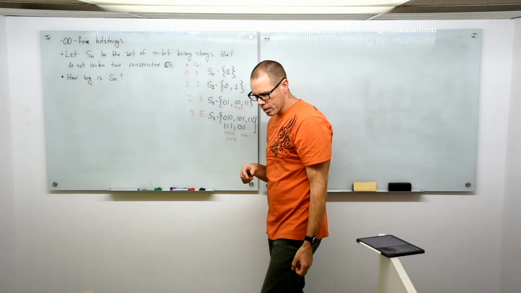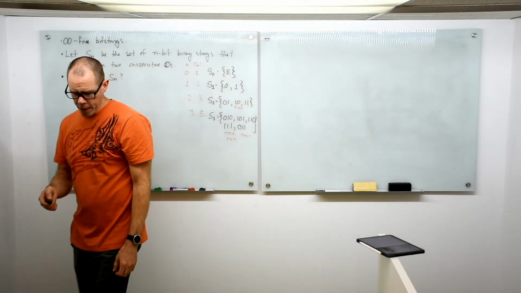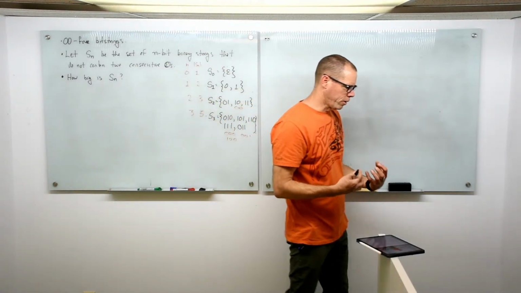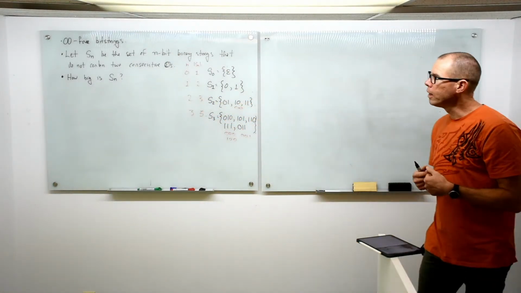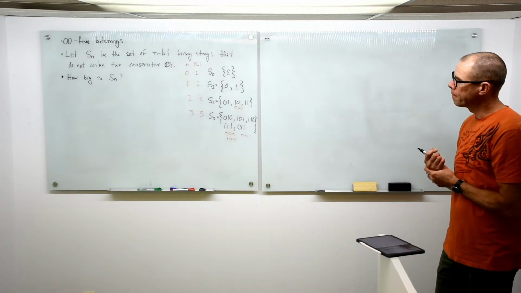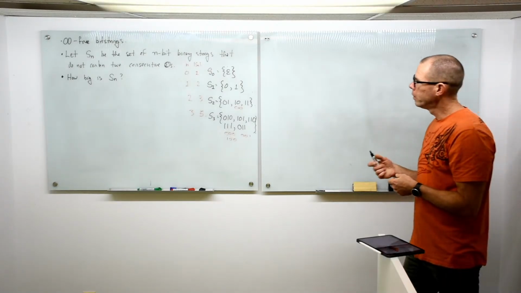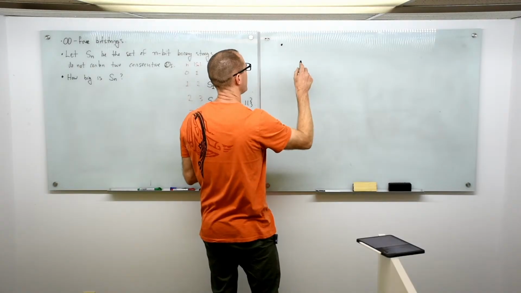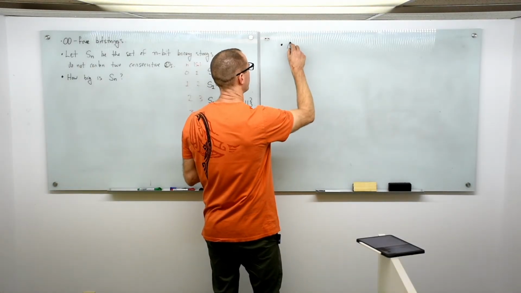The idea is that we can do this by getting a recurrence or a recursive equation that will tell us the size of S of n. So let's look at a string that's in S of n.